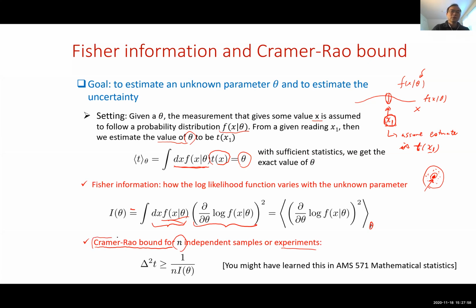According to the Cramer-Rao bound, the uncertainty in estimating theta, let's label it delta t, is lower bounded by one over the square root of the number of repetitions times the square root of the Fisher information.